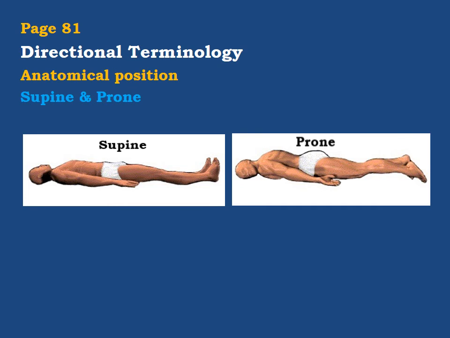So supine means lying on the back, face up, okay? But prone is the opposite. If the person lies down face down, we call it prone. So they are the opposite. Supine is the opposite of prone. Supine means lying down face up. Prone means lying down face down.